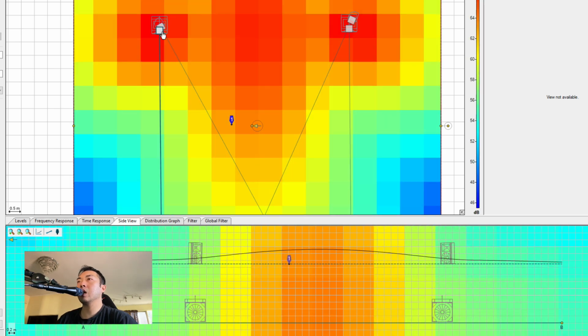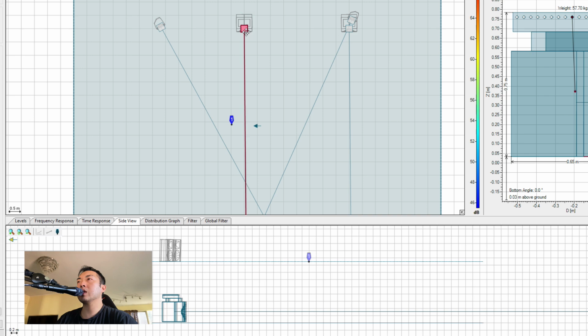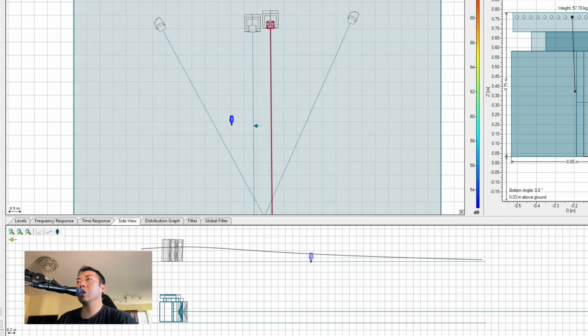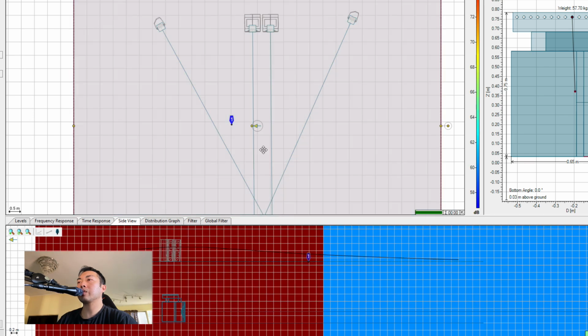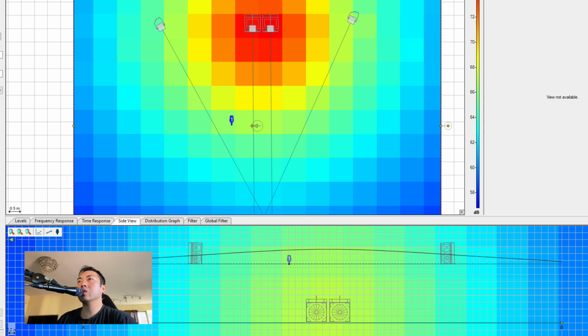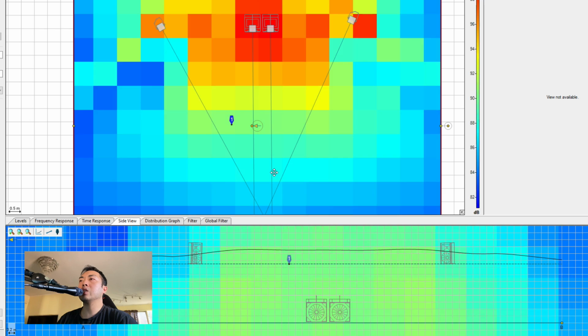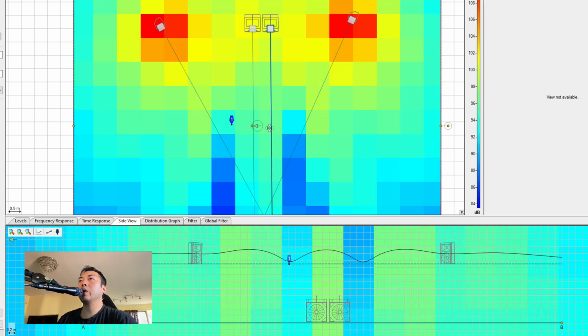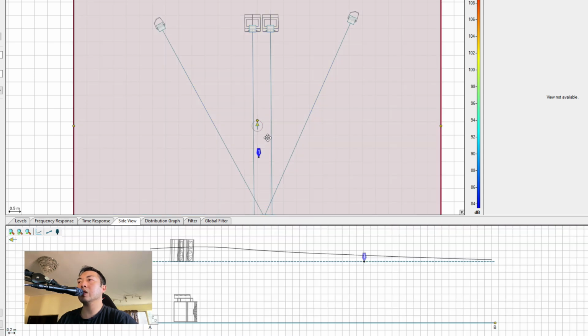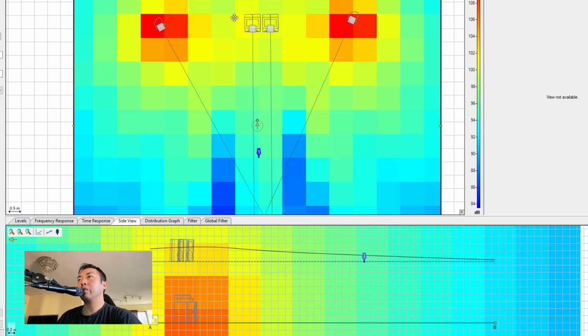Watch what happens again when you move the subwoofers back in the middle, close together. And what you see is a very, very smooth, centered amount of bass all the way up to whatever frequencies you're crossing over at.